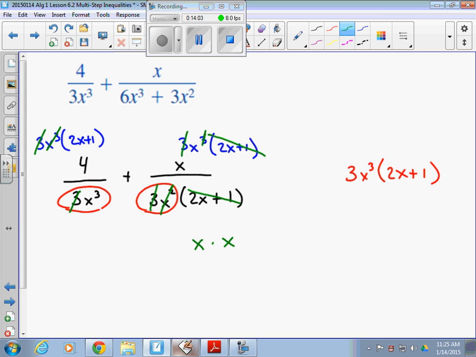We can cancel out x to the third, so that's completely gone. So you're left with 4 times 2x plus 1. So when you distribute this 4 times 2x, you get 8x. When you distribute 4 times 1, you get 4. And then when you multiply x times x, you get x squared.